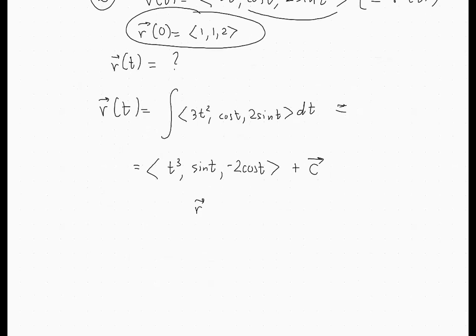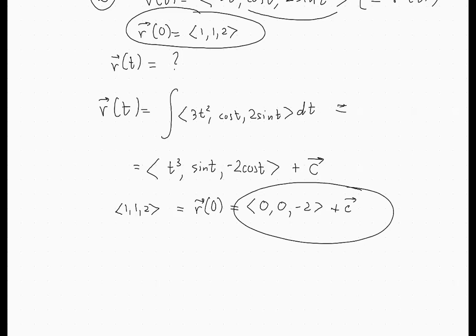And on the other hand, if we plug in 0 in what we just found, we'll get 0 cubed, which is 0, sine of 0, which is also 0, and minus 2 cosine of 0, which is minus 2, plus c. I hope you see where we're going with this. The idea is that this is the same as that, and that will mean that c is equal to simply 1, 1, 4. Because we take 0, 0, negative 2 to the other side, it becomes 1, 1, 4.